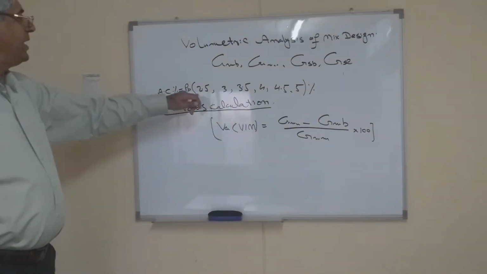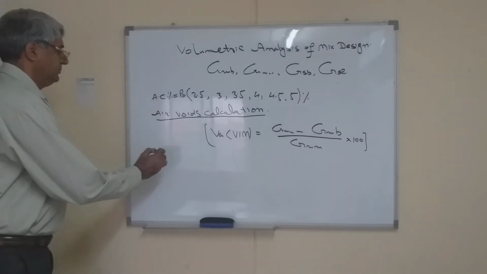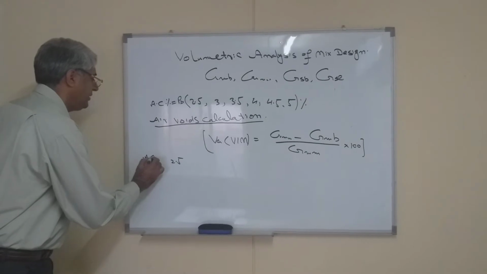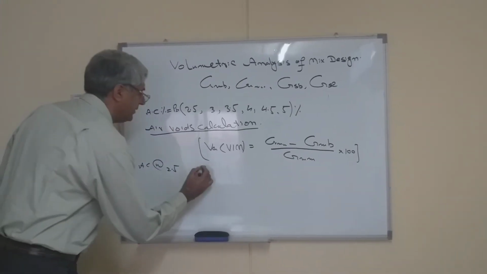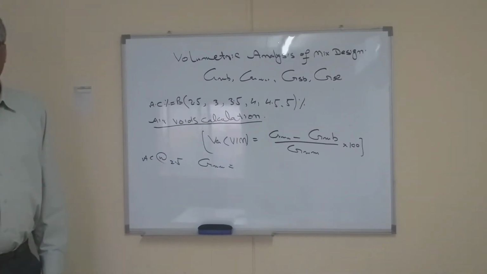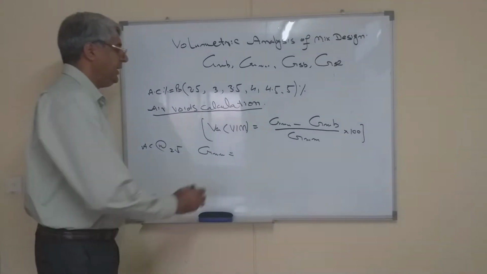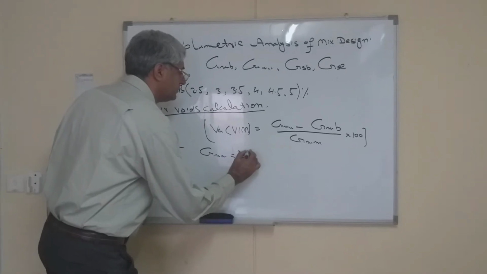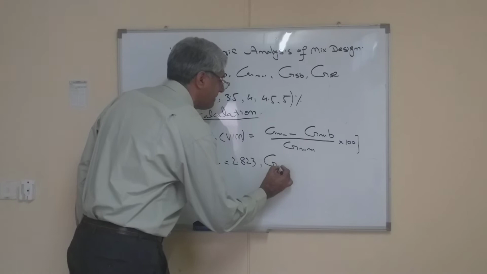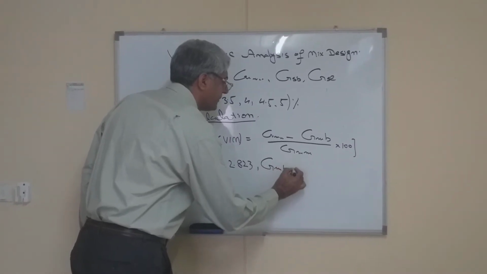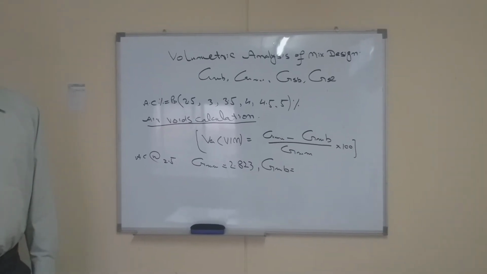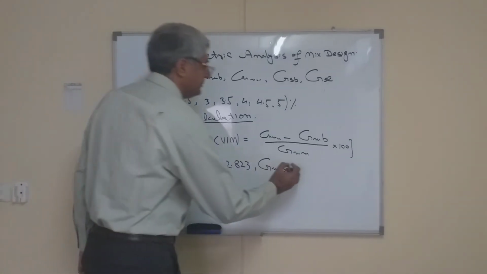Just for example, at 2.5% asphalt content, GMM as we have calculated is 2.823, and GMB as we have calculated in our initial stages is 2.557.